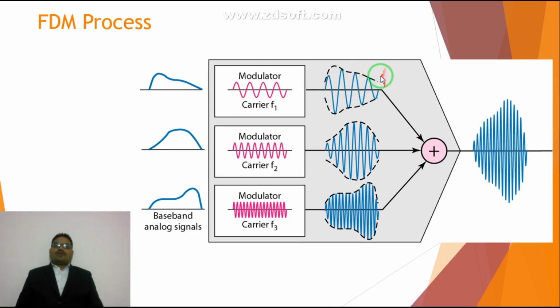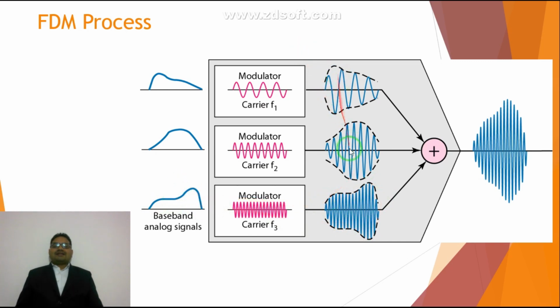This is the first output of your modulation. This is the second output. The amplitude of F2 changes according to the instantaneous value of the modulating signal, but frequency and phase remain constant. Only amplitude changes. And this is the third one, where again the amplitude changes according to the instantaneous value of your modulating signal.